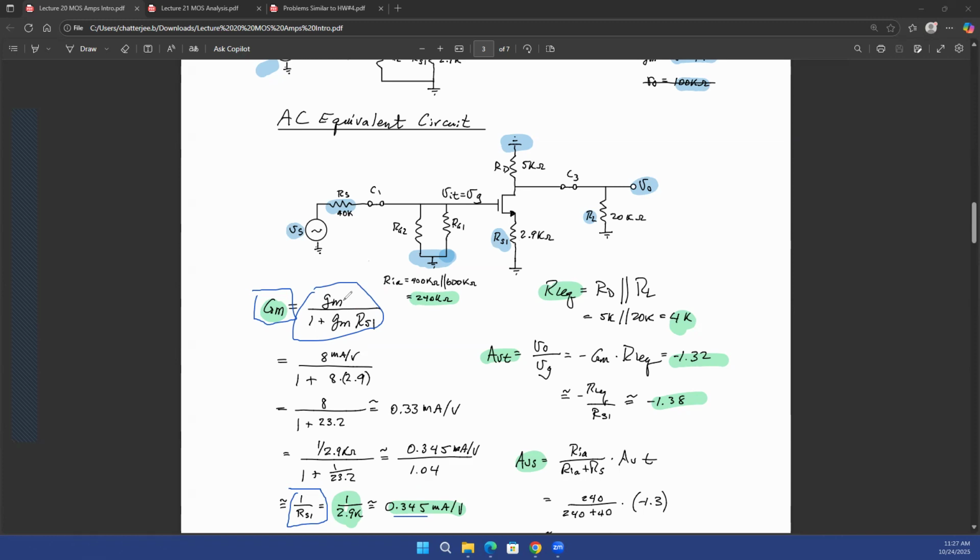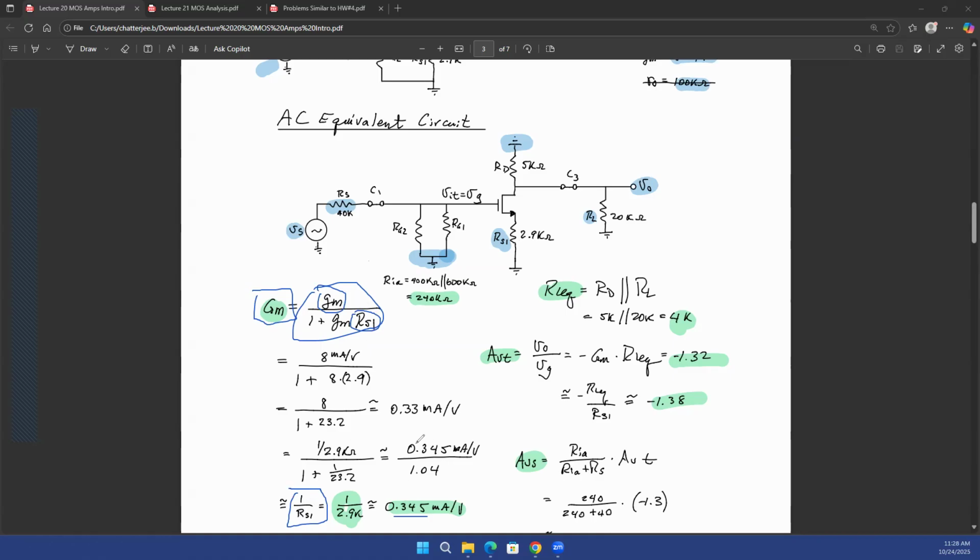On the other hand, if the difference was, let's say, 2 times, let's say 1 over RS is equal to 1 and gm is given to be 2, where they are very close to each other, then you cannot make that approximation. The only reason you can make this approximation is that gm is much larger than 1 over RS. That's why even with this approximation, the values are very similar.